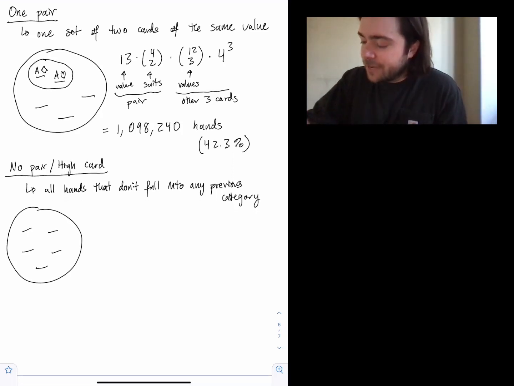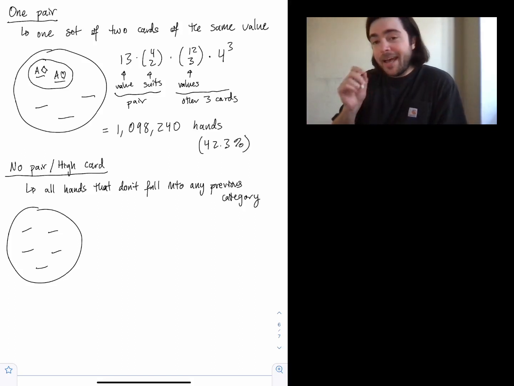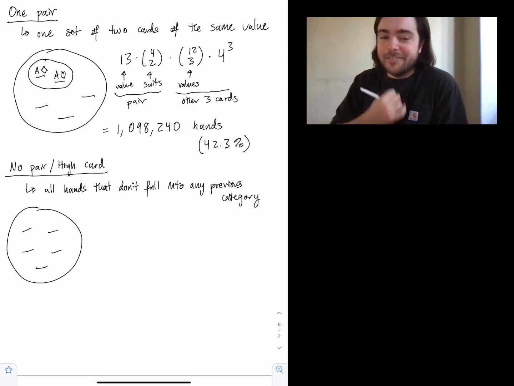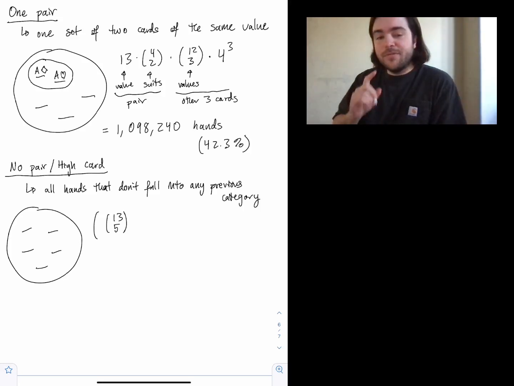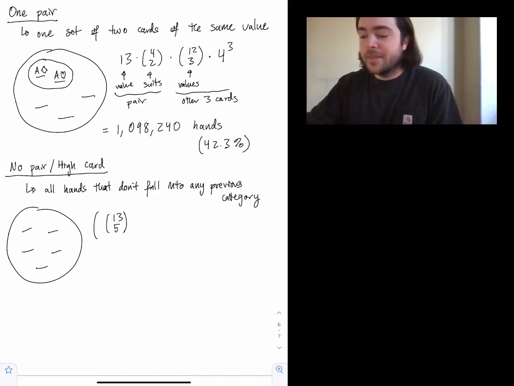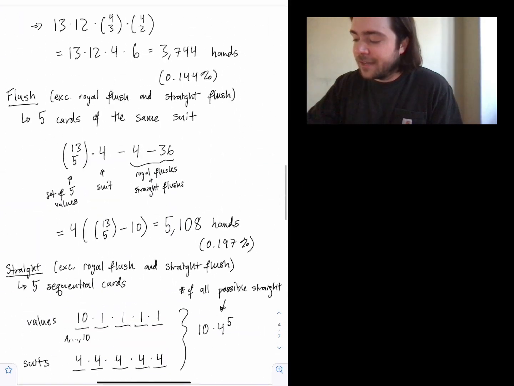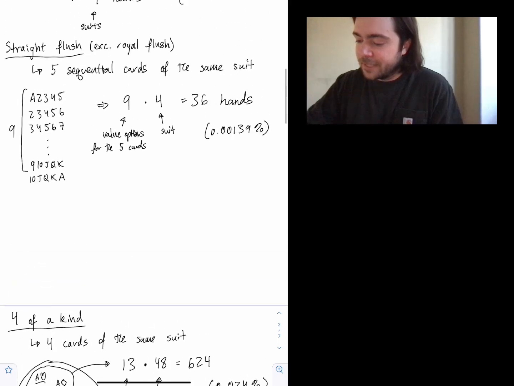Well, let's focus on the values first. Remember, I can't have any repetitions in my values, or else I have at least a pair. So out of the 13 values, I need to pick a subset of size 5. All of the different values have to be distinct. So that's 13 choose 5, but I have to avoid choosing a subset where they can be listed in sequential order. How many ways were there to do that? You might remember, but we listed them all out here.